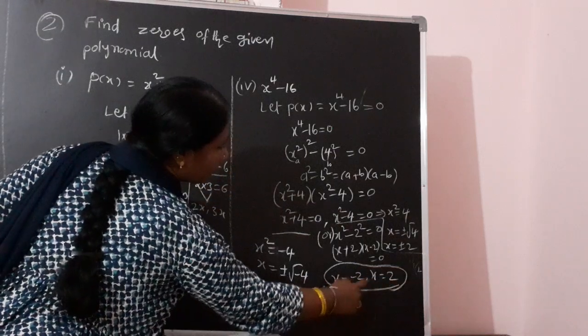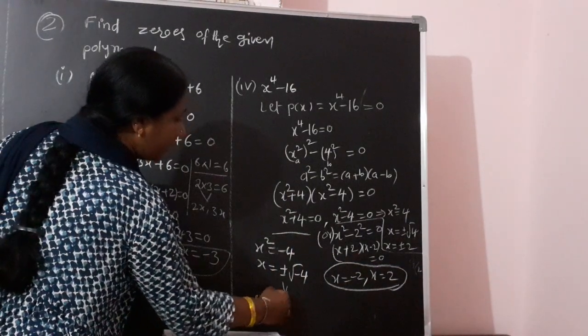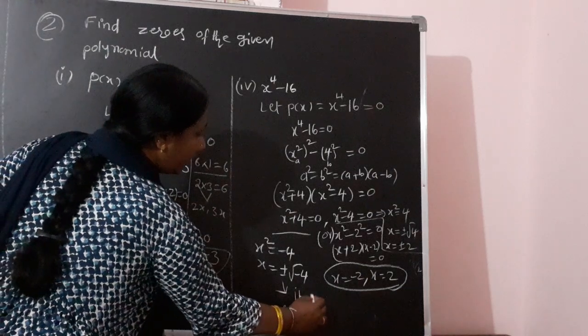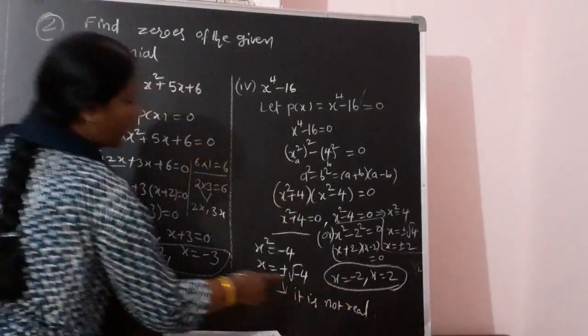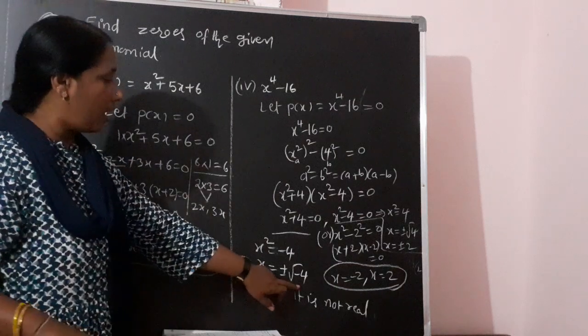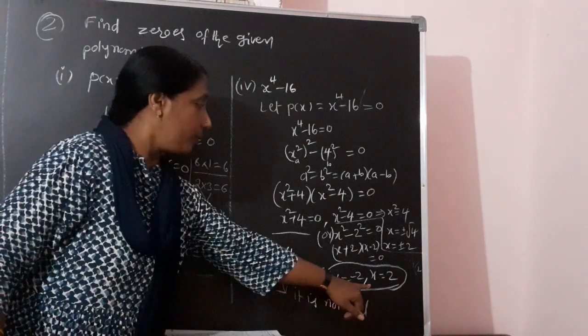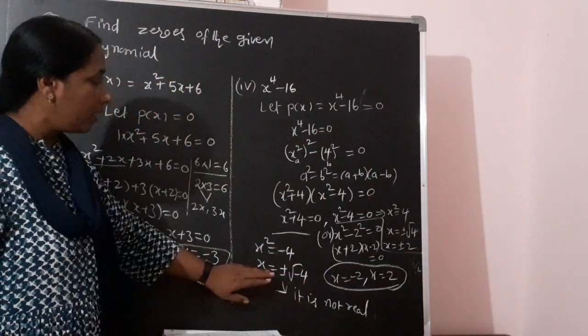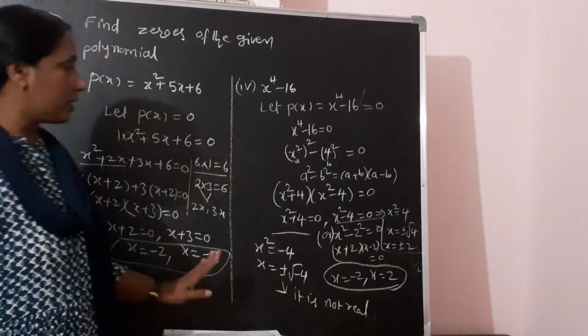Because x equal to 2 and x equal to minus 2 are the only zeros. The other one is not considered. Why? Because it is not real. It is a complex number. We will learn it in intermediate. So that's why the zeros are only 2 and minus 2. But you have to write it down: it is not real.